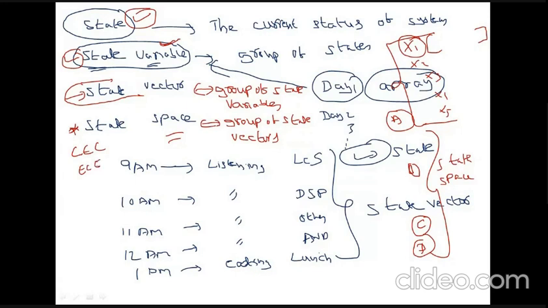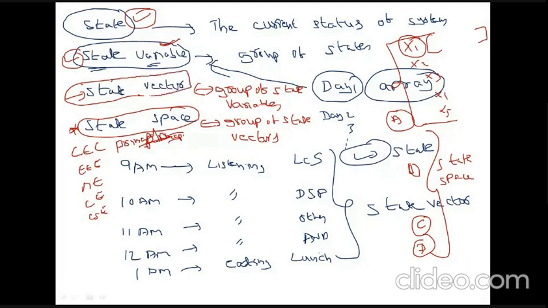In the state space there is ECE, EEE, mechanical, civil, then CSE, and other new branches. What I want to say is that this state space is indirectly the principal. The state space is indirectly what? A principal. It means that under the principal everything is available, the information of each one. Under the principal everything is under control. And a state vector is related to a department.